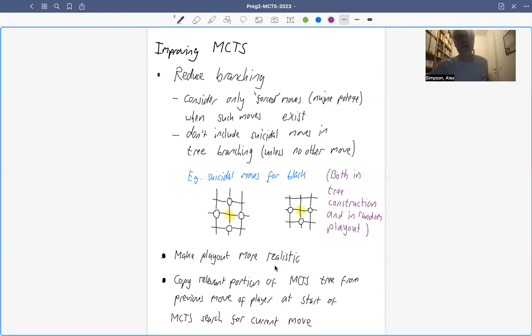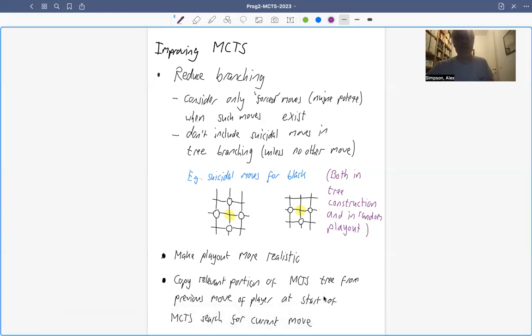At the beginning of the game, this head start's going to be tiny because it's going to be a tiny fraction of the original tree, almost not worth doing. But as the game progresses and there are fewer and fewer moves, the tree will gradually get bigger and bigger, and this should help more and more as the game goes along. That's the theory.